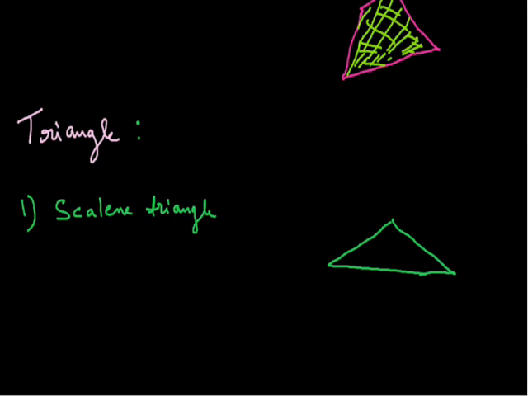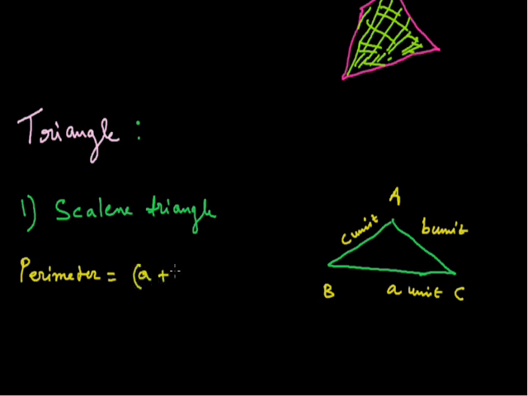That is, if this is the triangle ABC, then the length of AB is a unit, BC will be b unit and AC will be c unit. Now the perimeter will be equal to a plus b plus c, that is the sum of all the sides, in units.